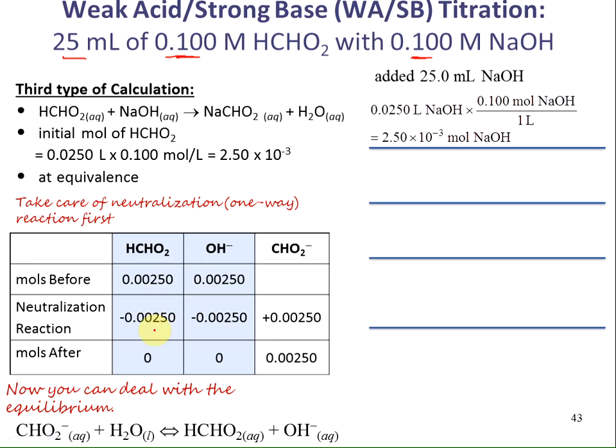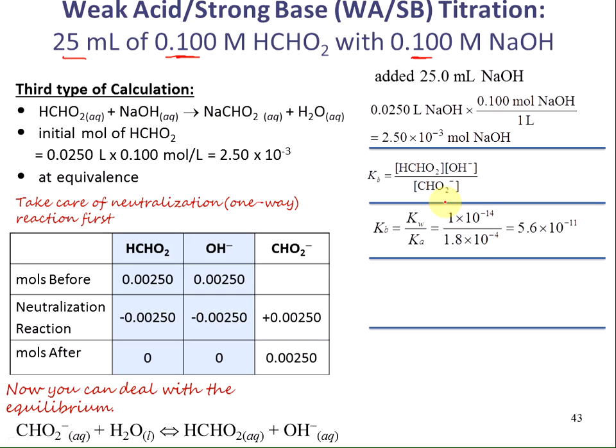I write my equation for my formate ion dissolved in water. So this is my base. When it's dissolved in water, it will become protonated to form some of the conjugate acid, which is the formic acid, and the hydroxide ion. So now that I'm working with a base and we're working with a basic system, I write my mass action equation using my Kb and my products over my reactants.